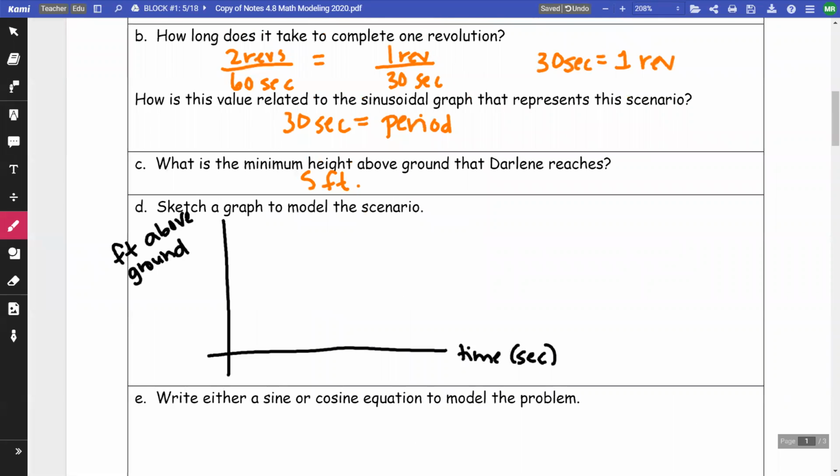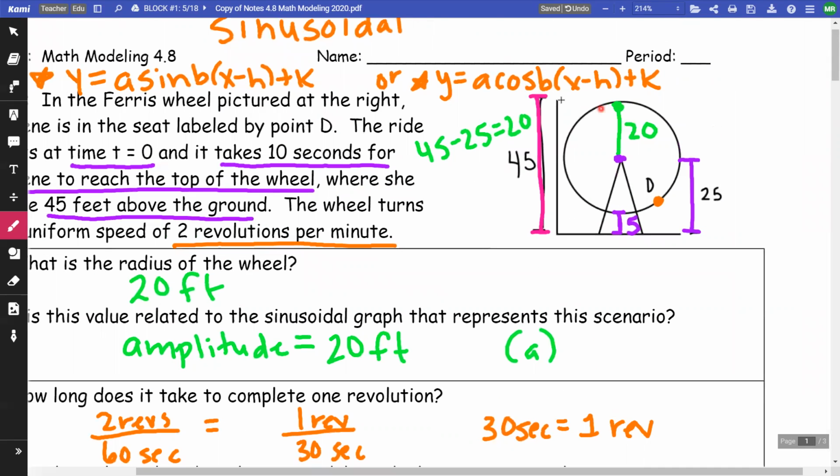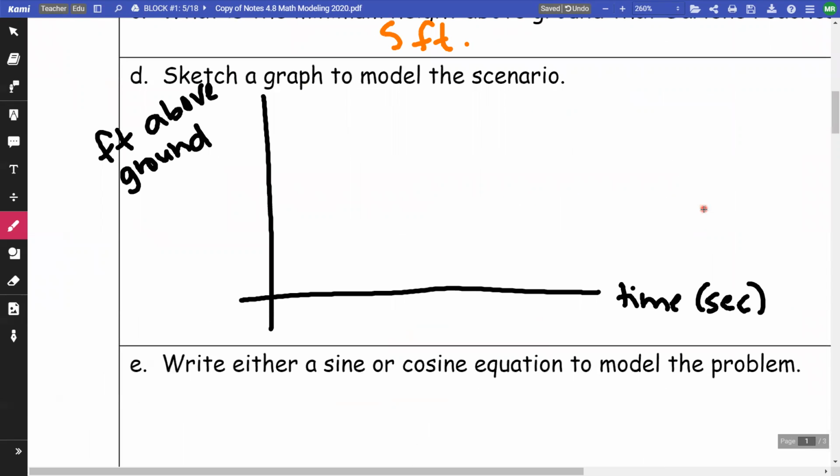If we're looking at the picture here, I know that the highest this Ferris wheel is going to go is 45. I know that the lowest anyone on this Ferris wheel is going to be at is 5. I also know that the center of this Ferris wheel is going to be at 25. So the highest we're going to have is going to be 45.